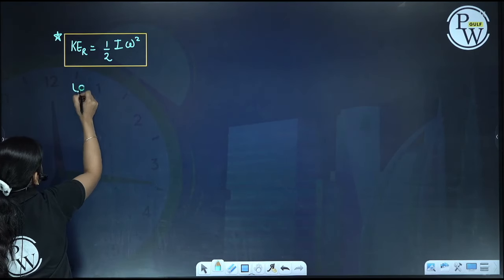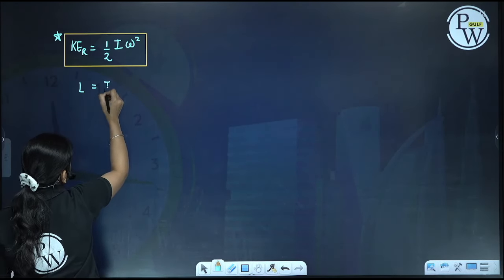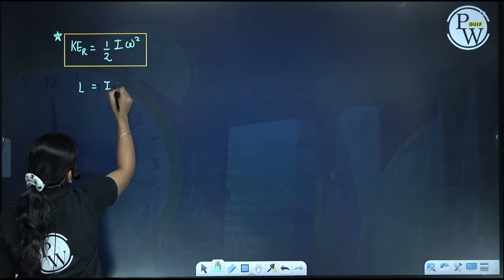Now we know that L is equal to I omega. So from here omega is L by I. So what will be my KE rotational? Rotational kinetic energy is half I into L square by I square. So one I will get cancelled. KE rotational is L square by 2I, angular momentum square by twice the moment of inertia.